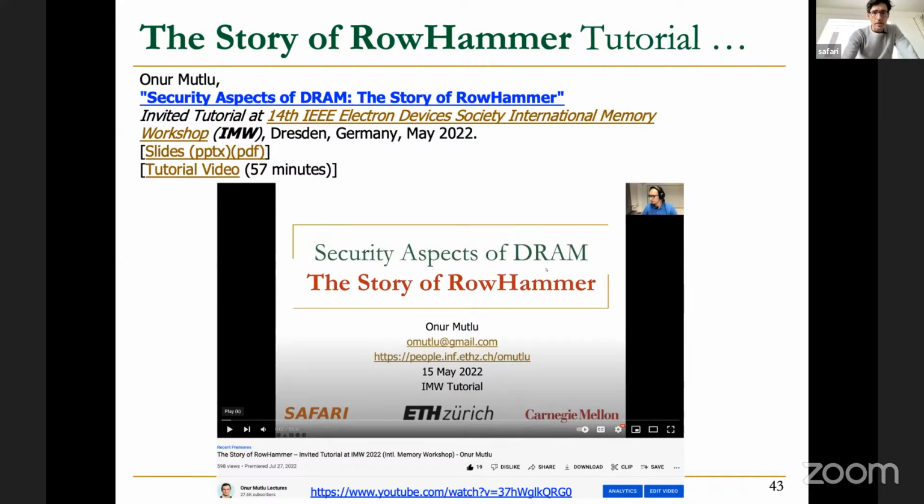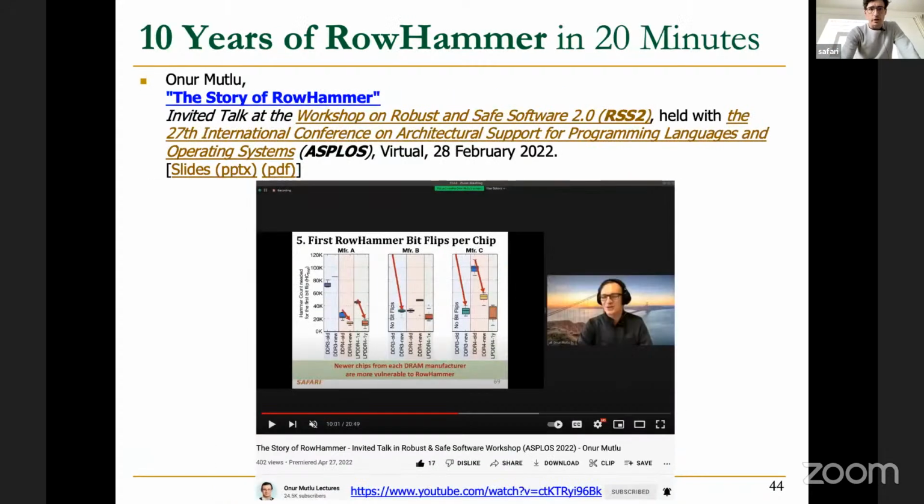For example, this tutorial, or this story of RowHammer, ten years since RowHammer was discovered. I think it's a pretty nice talk, and also in a very compact format. In just 20 minutes, you can learn a lot about the RowHammer phenomenon and about other memory scaling issues.